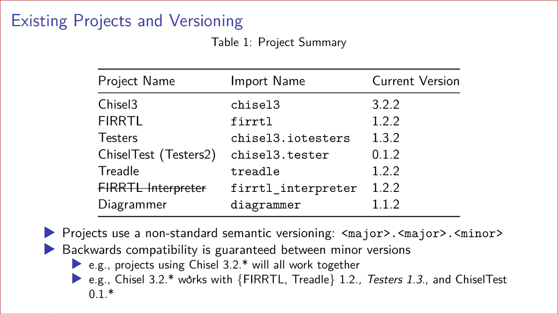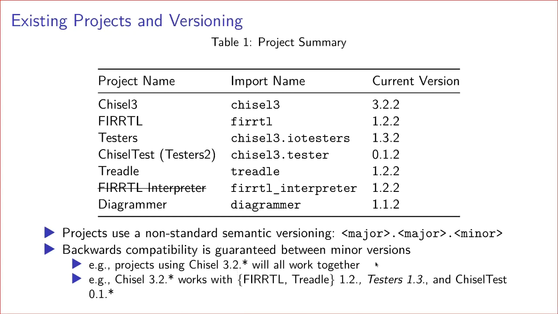So what does that mean? If you have a project using Chisel version 3.2.0, and then you bump to 3.2.1, it is supposed to just work. If it doesn't work, it's our fault. We have a lot of stuff checking to make sure that things are binary compatible, so we're trying to provide that guarantee for everyone.